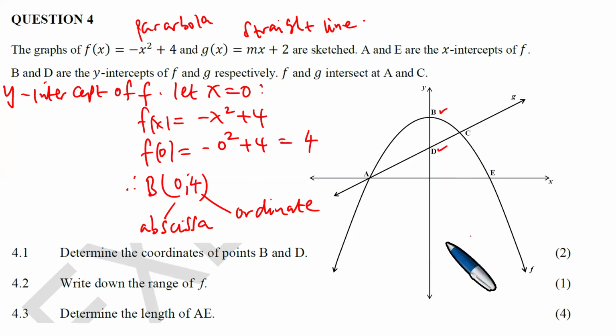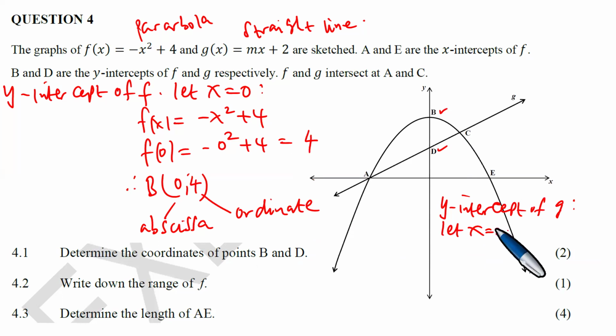Now to find D, it is also a y-intercept, so you're finding the y-intercept of g. If you find the y-intercept of g, you let x be equal to 0. So let x be equal to 0 in g, and this is g of x equals mx plus 2.